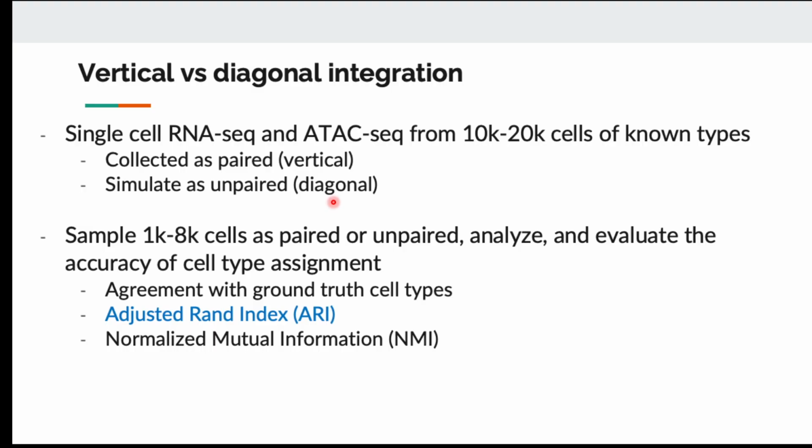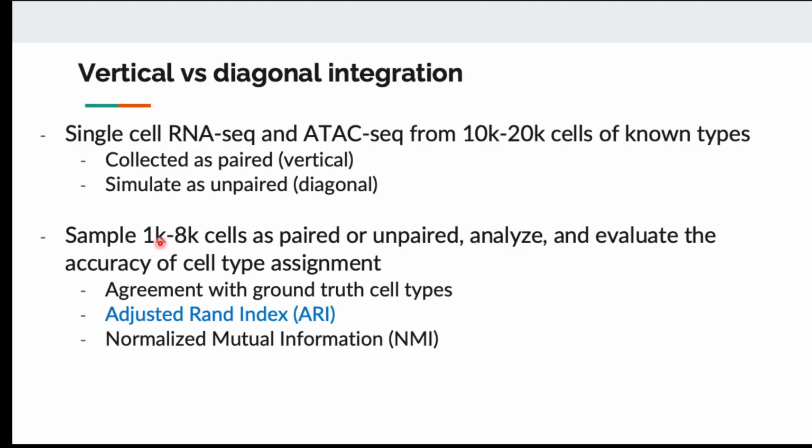So now we have no idea which cell's RNA-seq corresponds to which ATAC-seq profile. That can simulate different batches. And what they did is, from 10 to 20,000 cells, they sampled 1,000 to 8,000 cells, to mimic a typical single cell analysis.